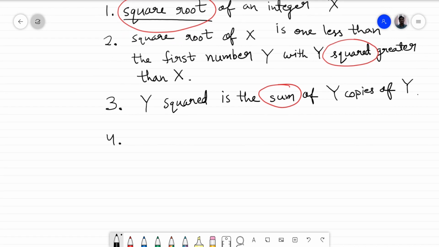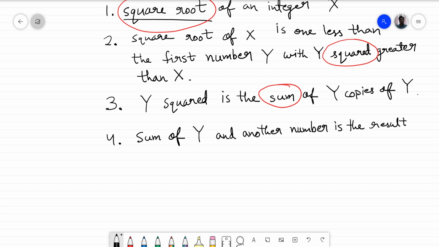So we'll say sum of y and some other number is the result of incrementing that other number y times.